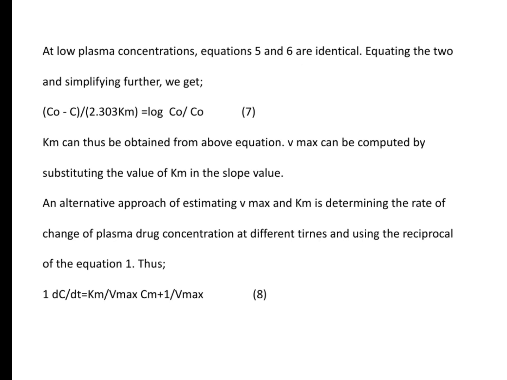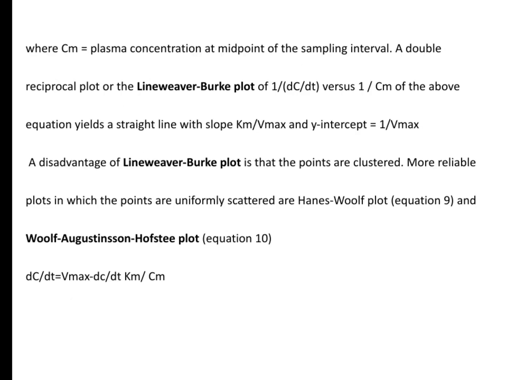An alternative approach of estimating Vmax and Km is determining the rate of change of plasma drug concentration at different times and using the reciprocals of the equation. This equation is also shown in the video, where Cm is the plasma concentration at the midpoint of the sampling interval.